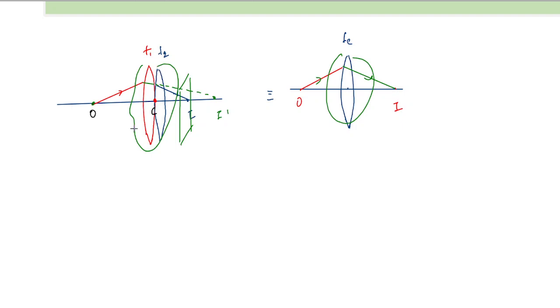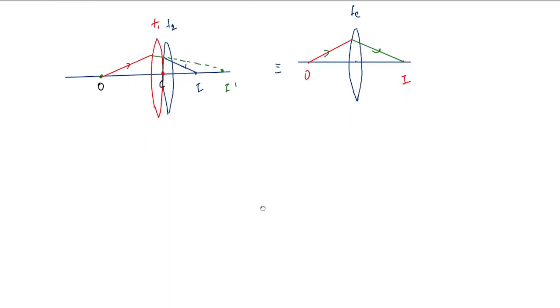That is called as effective lens. Effective lens basically means that single lens which produces the effect of the two lenses kept earlier. Now let its focal length be f suffix e.